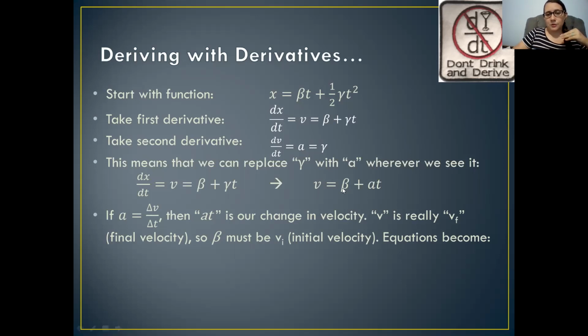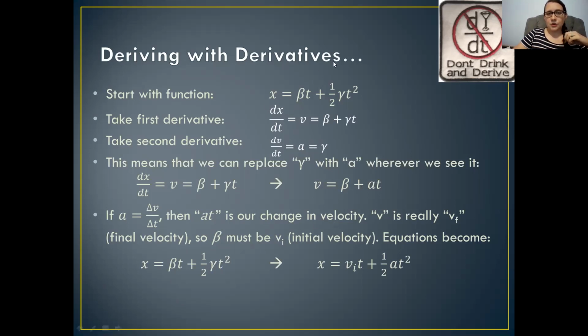So the final equals the initial plus at. So now we know both of our variables, beta and gamma, right? Beta is initial velocity, gamma is acceleration.